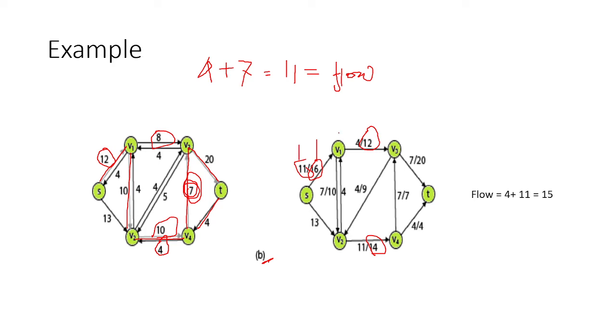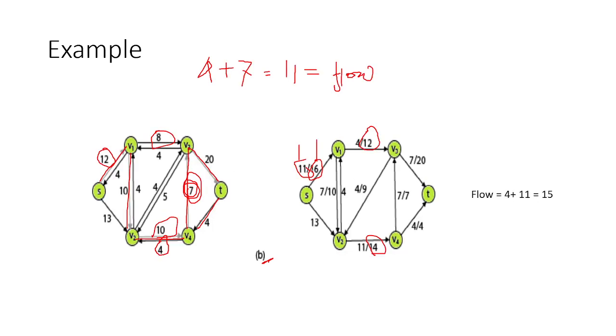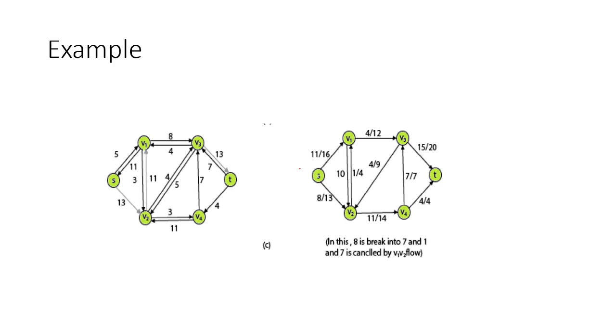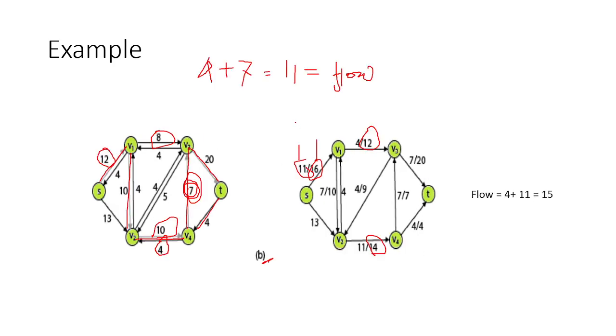So the residual capacity will be updated. 16 minus 11 will be 5, so this will be 5, this will be 8, and for the second part, 10 minus 7 equals 3.